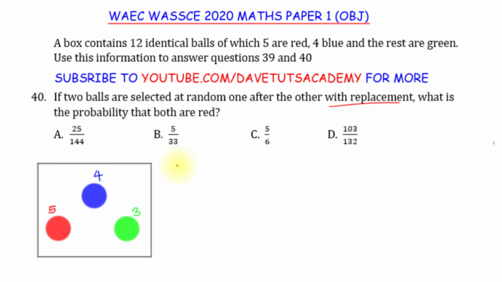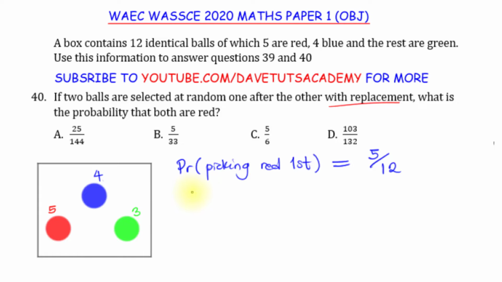Okay, so in the first case, the probability of picking red first will be the number of red balls, which is 5, over the total number of balls, which is 12.